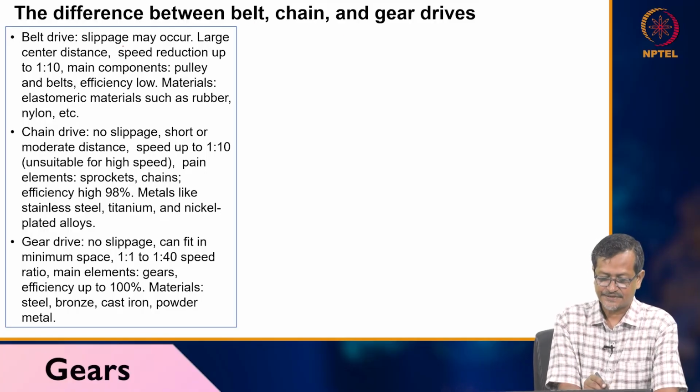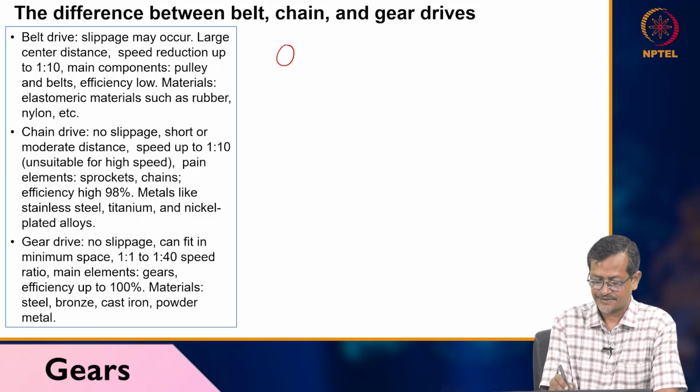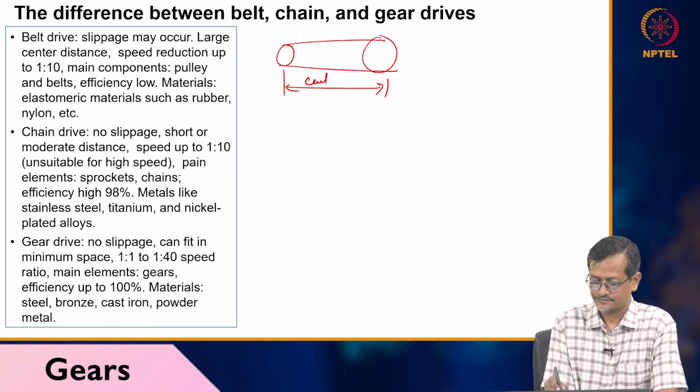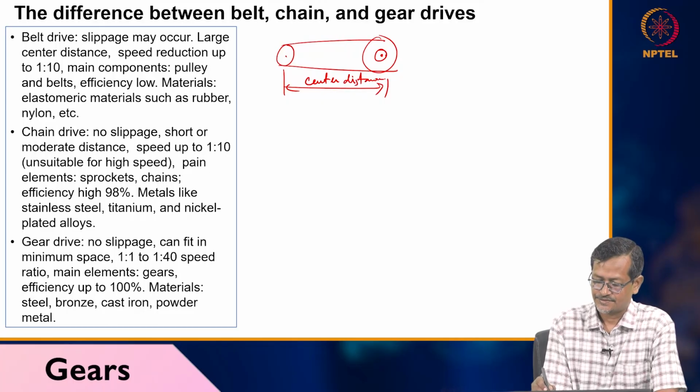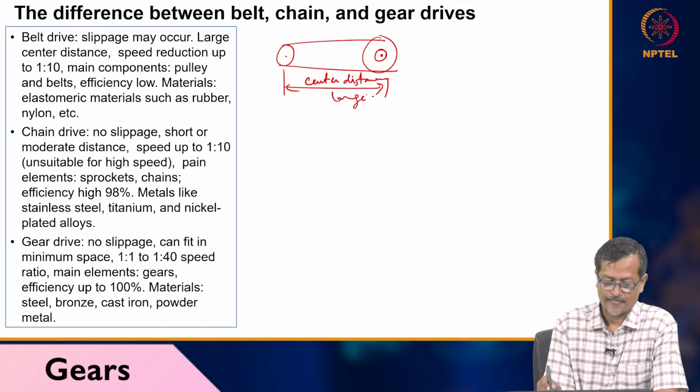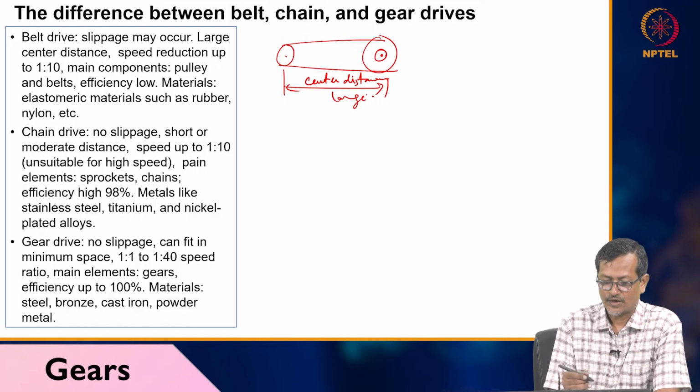In belt drive, slippage may occur, and there is a large center distance, like say one pulley is here and the other is there, so this center distance is large. Speed reduction up to 1:10.